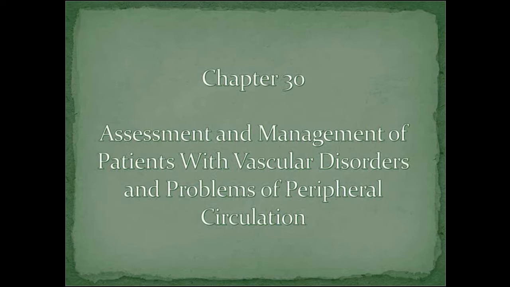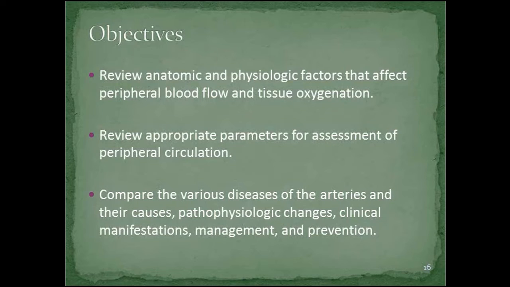So chapter 30 is just a little bit about assessment and management of patients with vascular problems and problems in peripheral circulation. Alright, our objectives here, we're going to just briefly review anatomy and physiology that affects blood flow and tissue oxygenation. Really, I'm not going to do much about that at all.